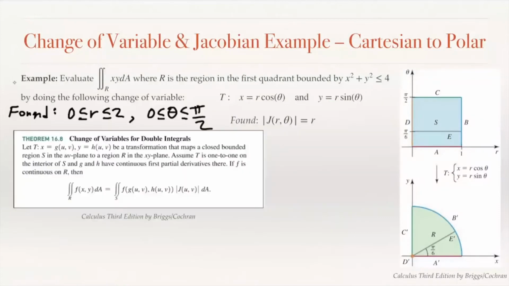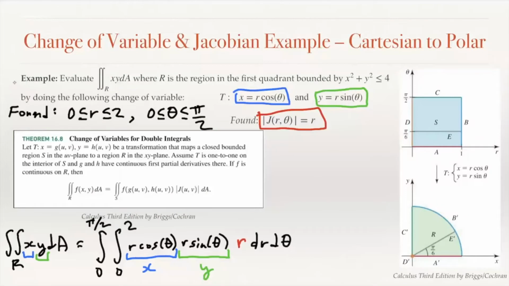Okay, so we found that our new bounds are that r is between 0 and 2, theta between 0 and pi over 2, and we found that the magnitude of our Jacobian is r. So now we plug that in, and we have successfully transformed this integral into one with different variables. And that transformed integral looks like this. Originally, we were in the xy coordinate system. What we do is we replace x with its value in the r theta coordinate system.